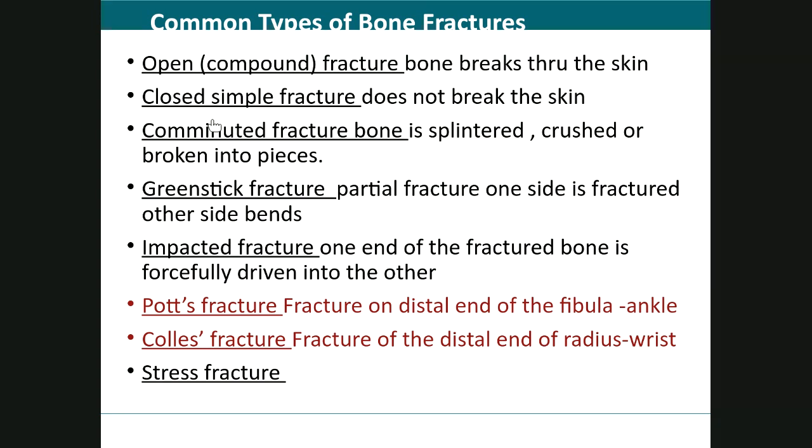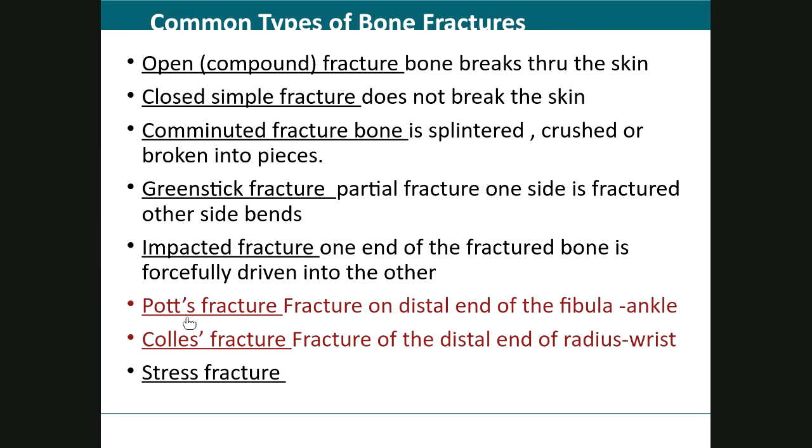Obviously, an open fracture and a comminuted fracture often will require surgery. Greenstick fracture, usually you see this in kids, where the bone fractures on one end and the other end kind of bends. This is very common in children. Impacted fracture, for example, if you fall on your wrists and the bone just compresses or becomes impacted.